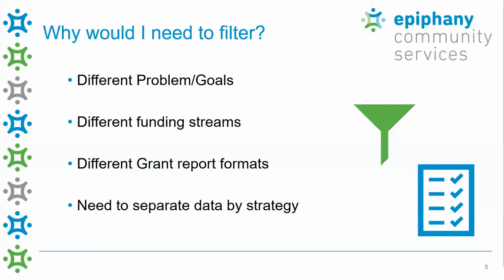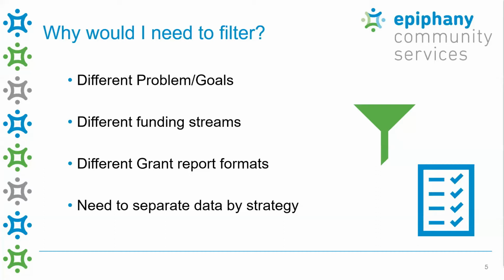It could be another federal grant, but we know they don't always use the same reporting systems, especially based on what you get the grant for. A lot of times that can vary and really alter the look of the report you have to submit. So that might be another reason we use filtering, because we need to filter out things we may not need for one report versus what we may need for another.